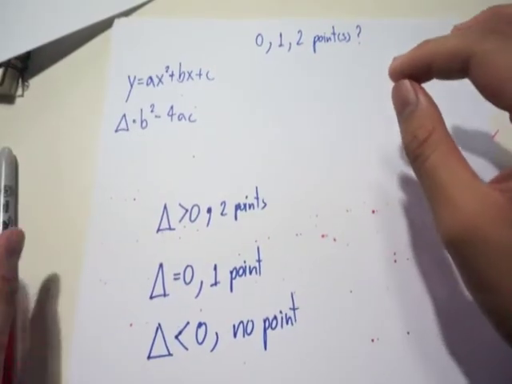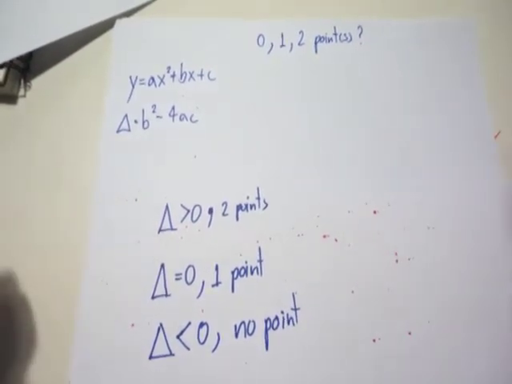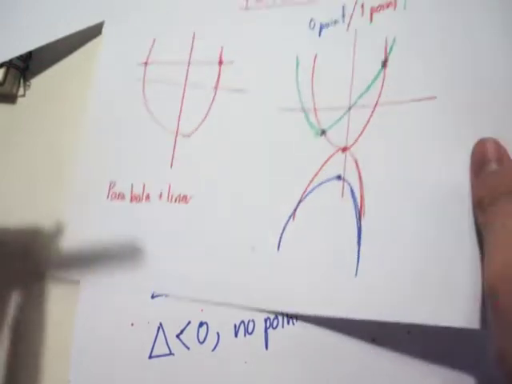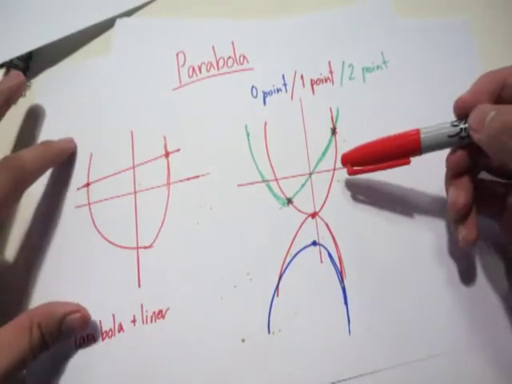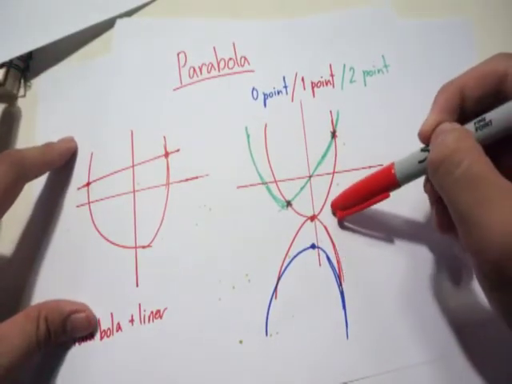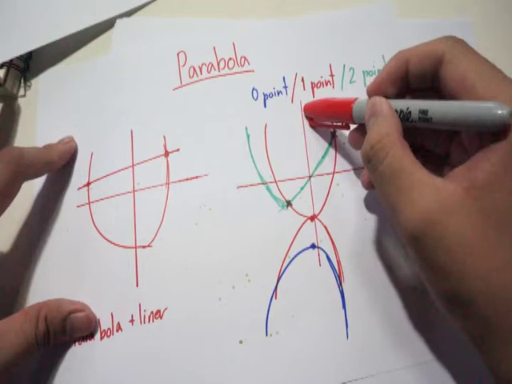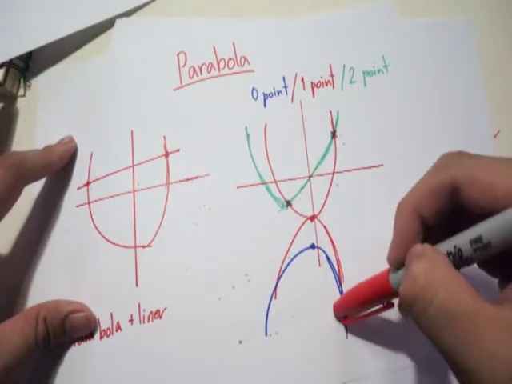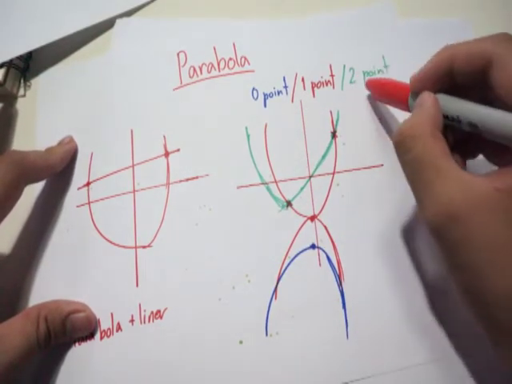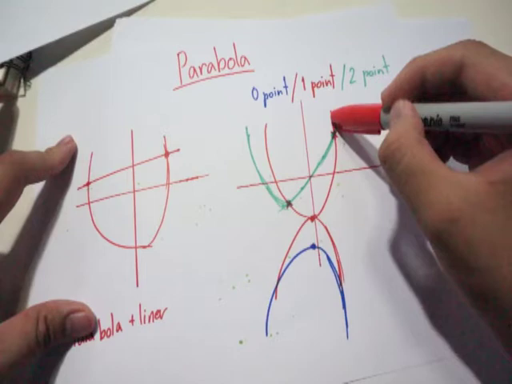So what's the deal with the parabola? Well, as you can see from this, a parabola can have none touching it, it can have 1 point meeting it, and it can have 2 points meeting the parabola.